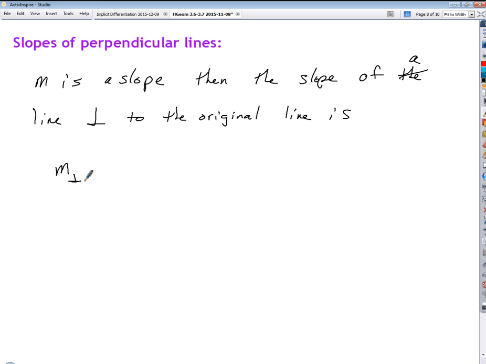It just means m perpendicular equals -1/m. Just the opposite reciprocal. Okay, so we can use that information.